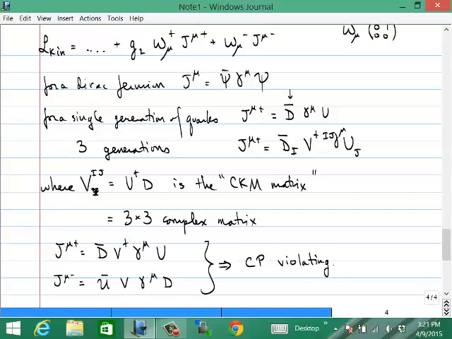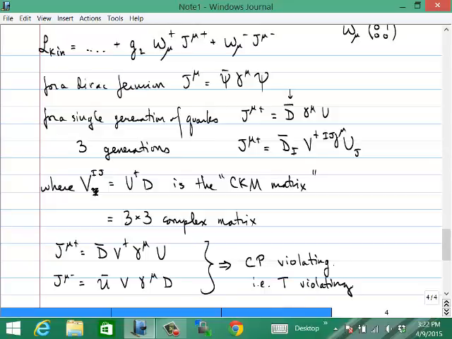W plus and W minus have opposite charge, or maybe the best way of saying that is that your theory is always T invariant, and time reversal involves complex conjugation because it's an anti-unitary operator. So the statement that these currents are complex is the statement that the theory is not time reversal invariant, or that it is CP violating.